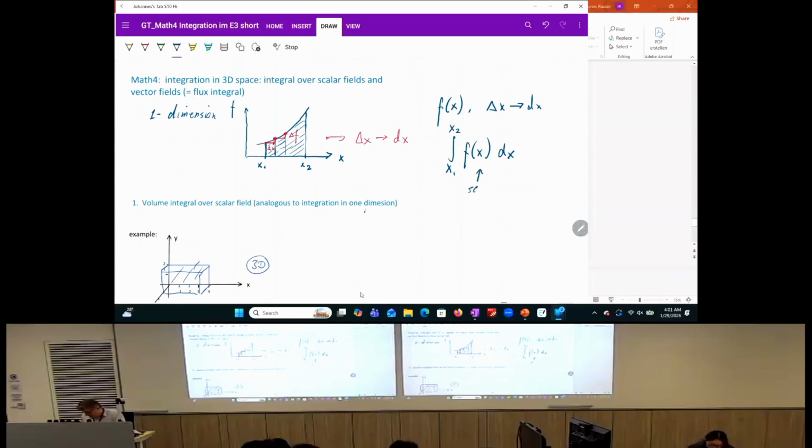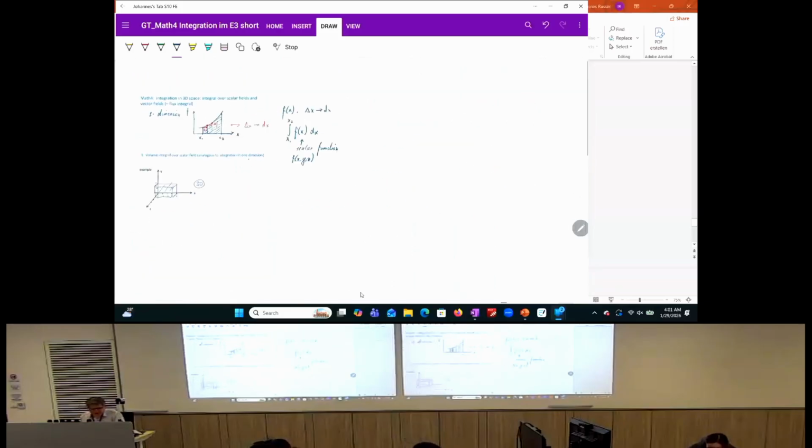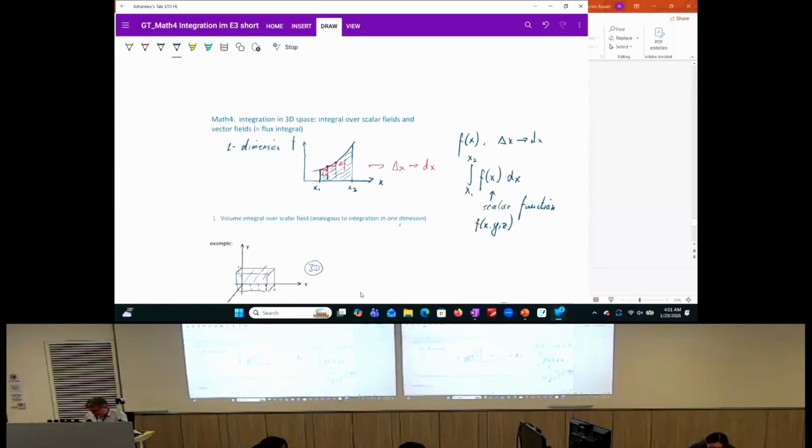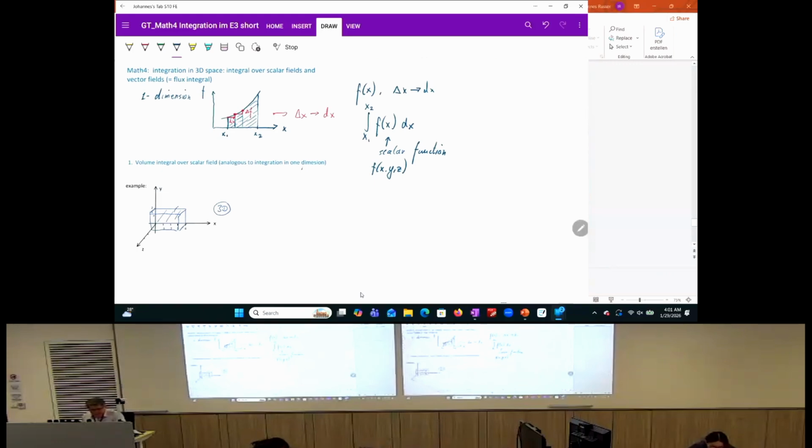So this here, f of x, is a scalar function, and if you have that in multiple dimensions, then your f becomes a function of x, y, and z. Sorry. So then it's not just a scalar function, then it becomes a scalar field.